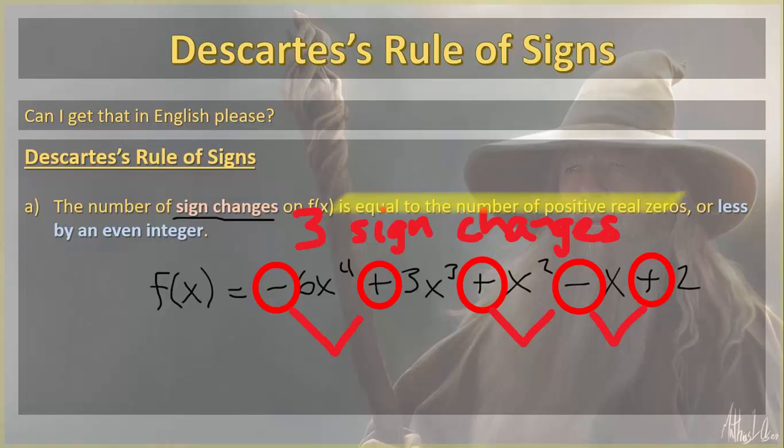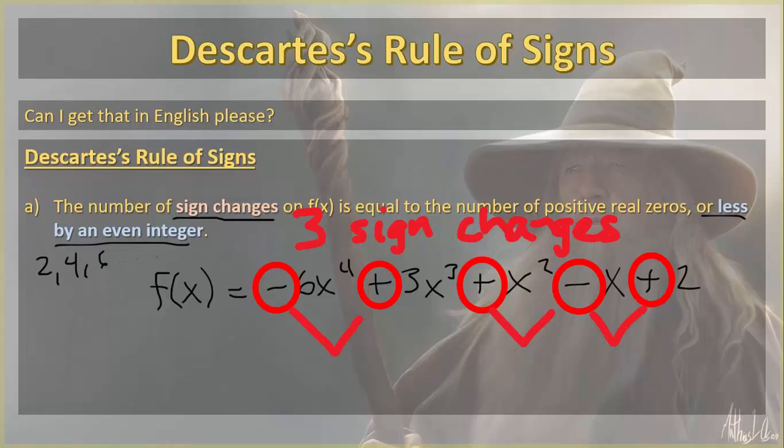So we've already taken 2/3 of this statement apart. We talked about the sign changes and the number of positive real zeros. This last little bit, or less by an even integer. Integers are just the counting numbers. The even ones are 2, 4, 6, and so on.